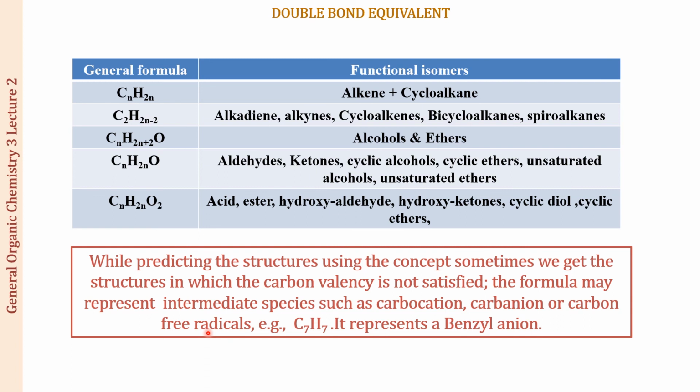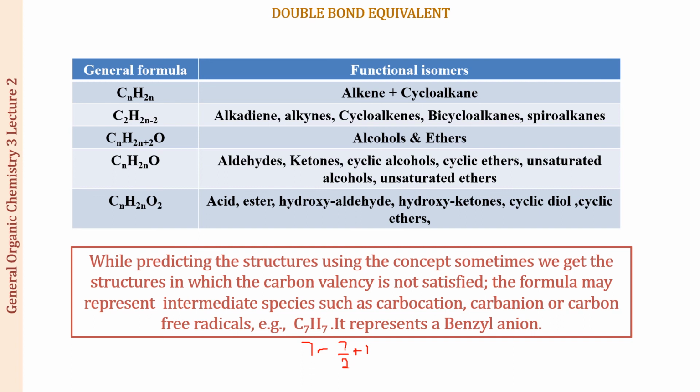So how are you going to proceed with that? For example, you have C7H7, which represents a benzyl anion. The carbon valency will not be satisfied, and the DBE value, if you find it for this, let us see. It is going to be 7 minus 7 by 2, that is 3.5, plus 1, so the value comes up as 4.5.